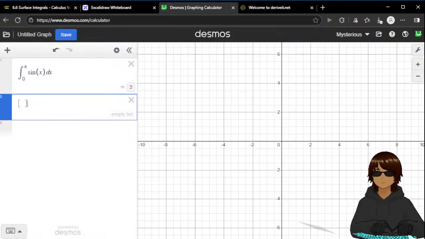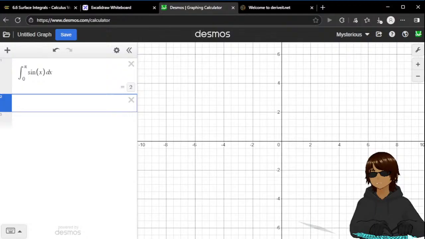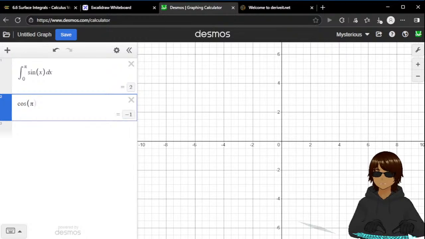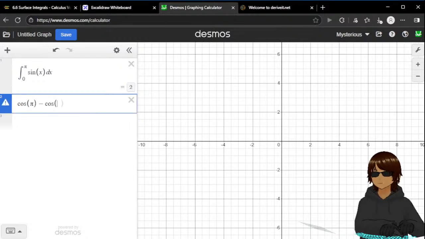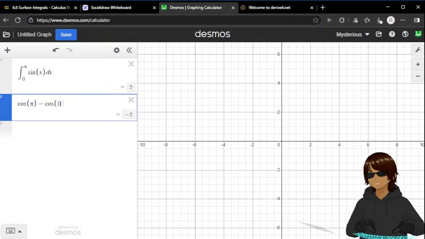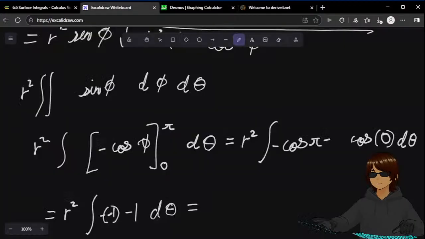How do we do the evaluation thingy? Cos pi minus cos 0 gives a negative 2. But then minus all of it will give positive. Wait, hold on.